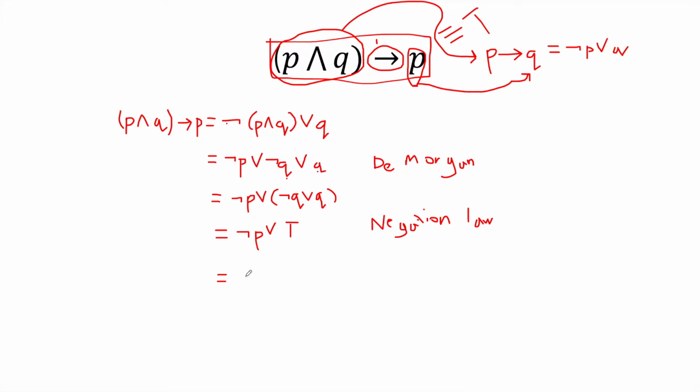So we can conclude that negation P or true is true.